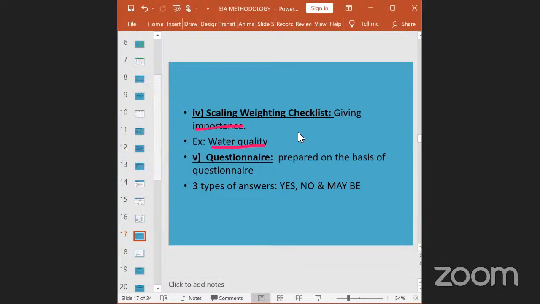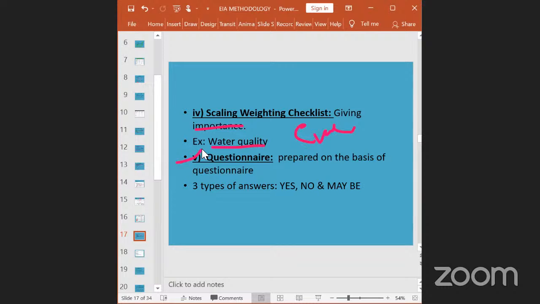So here, along with scaling, weightage is given to the water parameter so that it becomes more important in evaluation, right? So the structured equations are used to weight the environmental parameters.